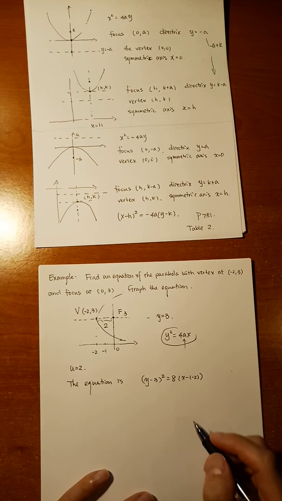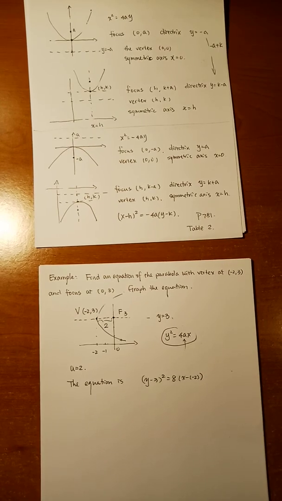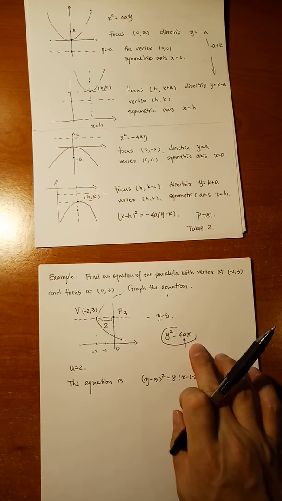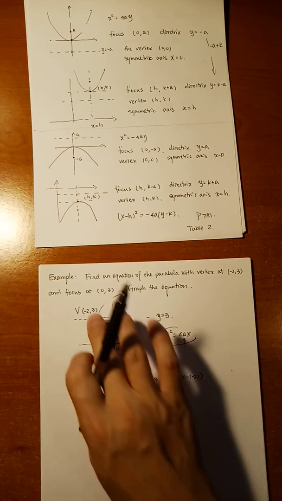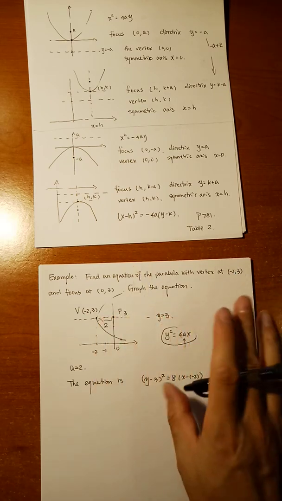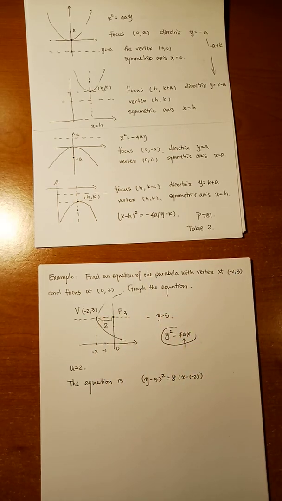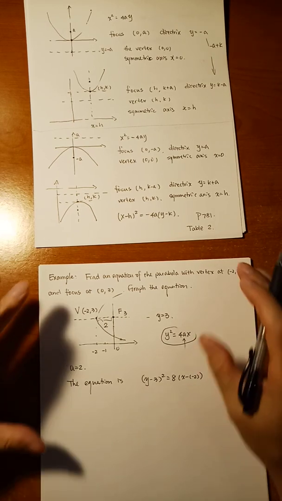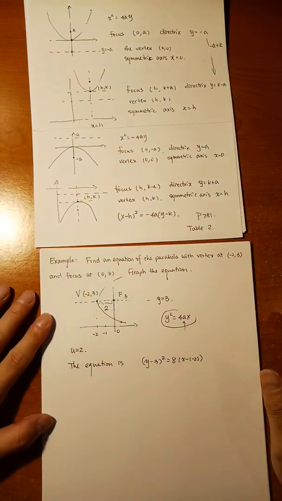That is the equation. We choose positive because it opens towards the positive x-axis. You can just leave it like this; you don't have to simplify it. Even though it's a short question, the answer is also very short.